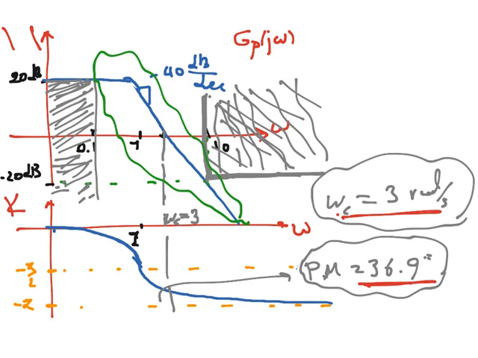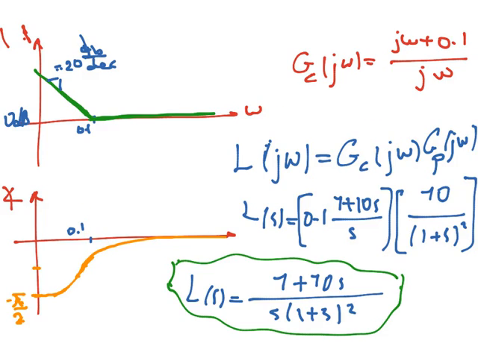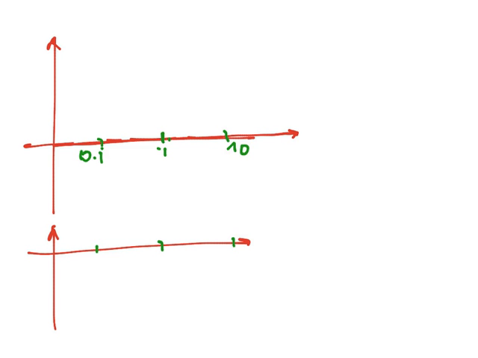Right, so at ω equal to 0.1, we will have 20 dB. So accordingly, this will be our Bode plot. Here is 20 dB. So until this frequency ω equal to 0.1, we will have the line.